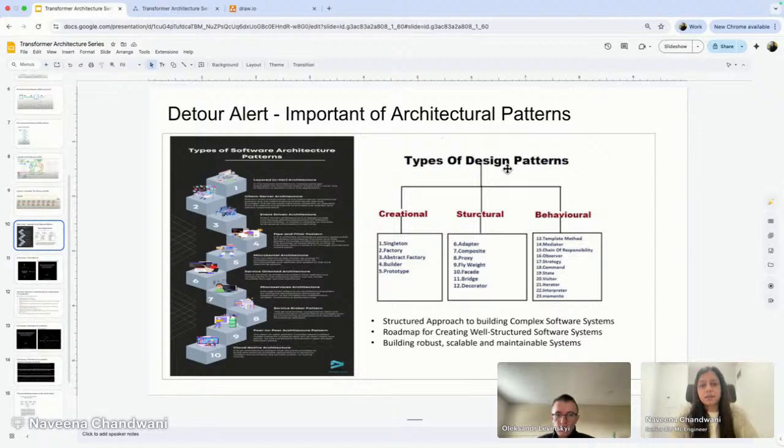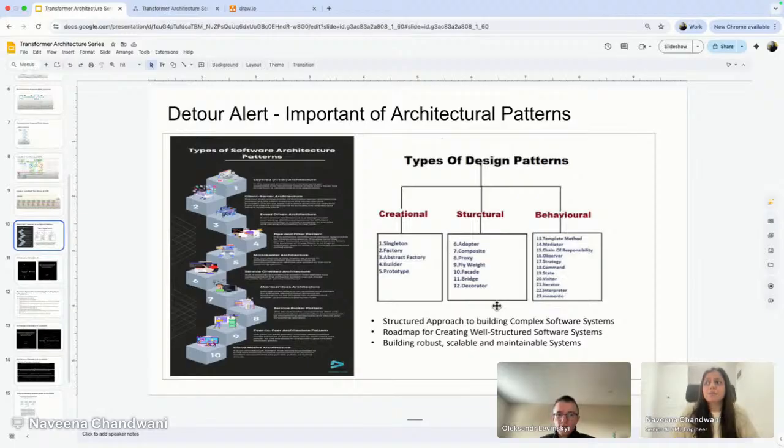Then we have design patterns, which are one level lower, because they deal with object-oriented programming and real entities, how you link them, polymorphism, and how you inherit well. They also have their categories, subcategories, and different patterns that address specific problems.